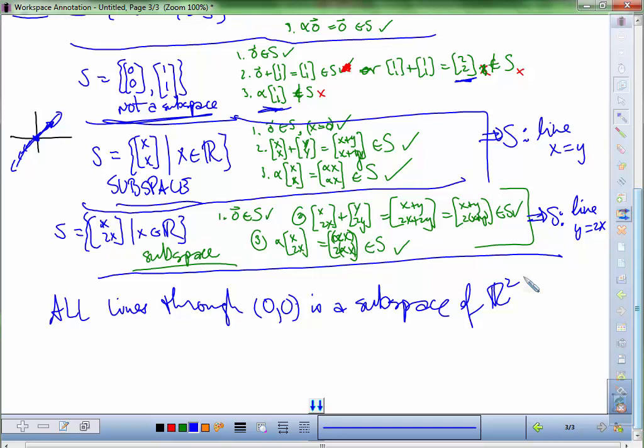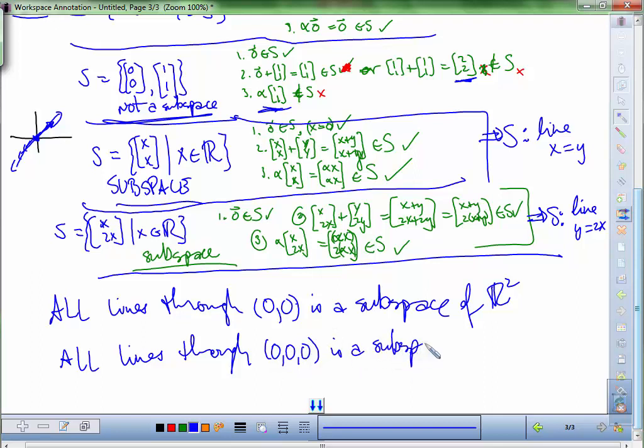Well, I suppose we can take this and generalize this too. Turns out that all lines through the origin, if we have a line that passes through the origin in 3 dimensions, that's also a subspace.